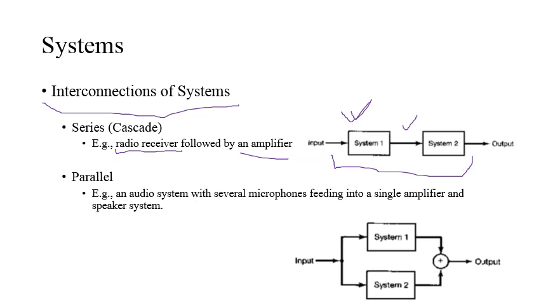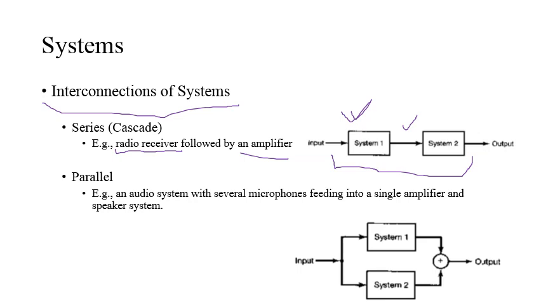Systems can also be connected in parallel, like this one. Similarly, in electrical circuits, you can have a series connection of resistors, and you can also have a parallel connection of resistors and capacitors and many other things.